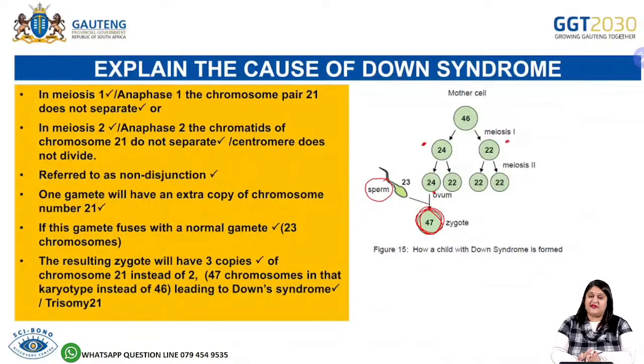So when you are answering a question on Down syndrome or anything in your question paper, you need to be able to read the information that is given to you in the question. The context of the question is very important because it's going to tell you whether we're talking about a human, and which chromosome pairs are affected, because the other important thing about Down syndrome is that the separation occurs on chromosome pair 21.